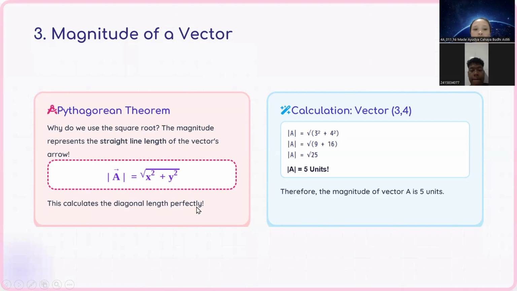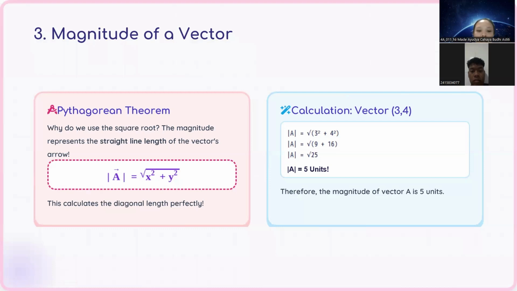Suppose we have vector A equals (3, 4). The formula for magnitude is: the magnitude of vector A equals the square root of x squared plus y squared.